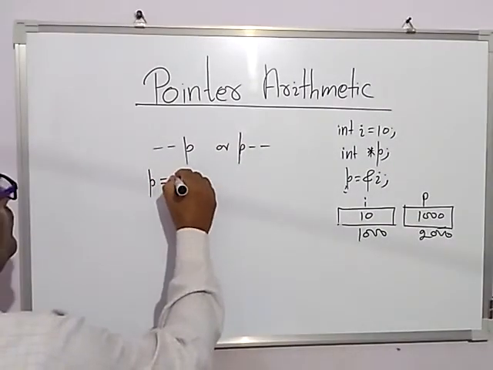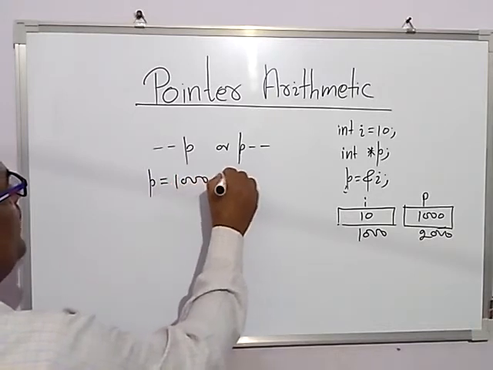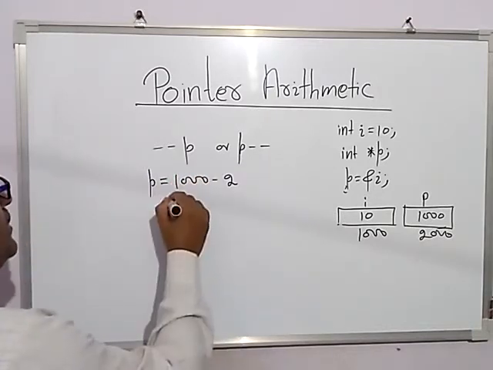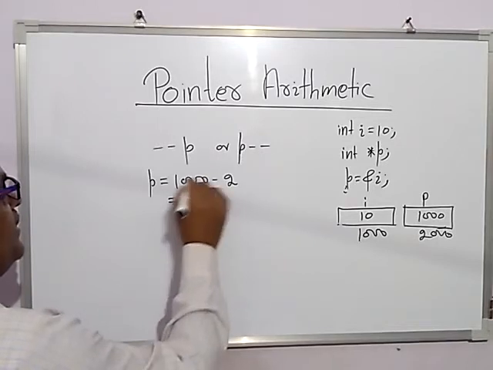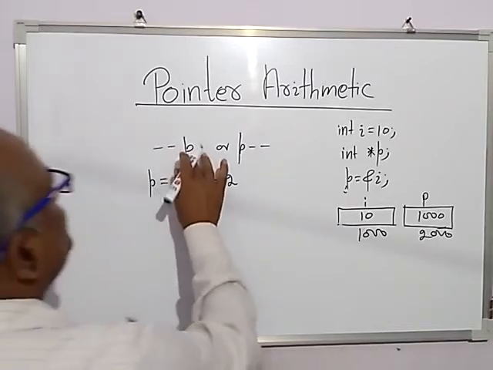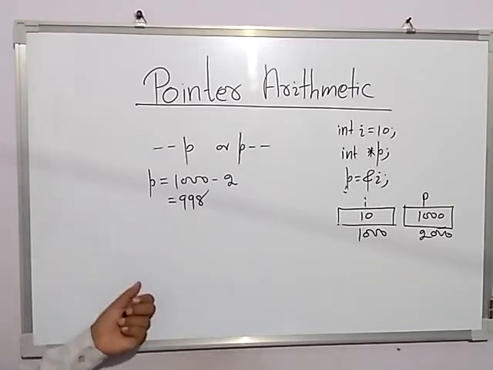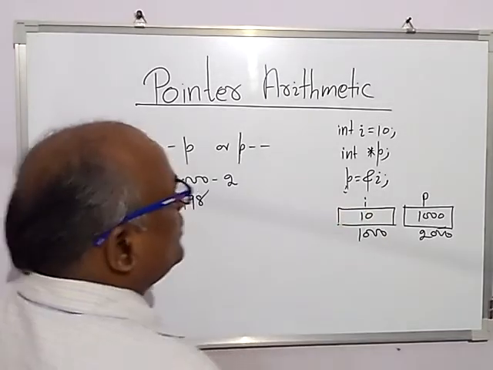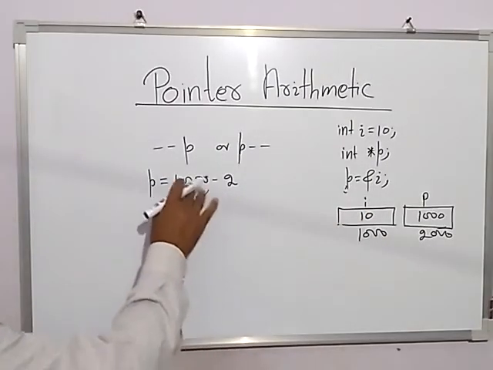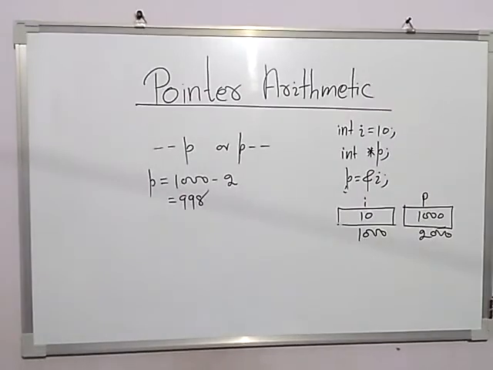In this case, p = 1000 - 2 bytes, that is 998. So either use --p or p--. That means if the pointer is decremented, then the value of the pointer is decremented by the size of the data type. Since it is integer type data, size is 2, so 1000 - 2.